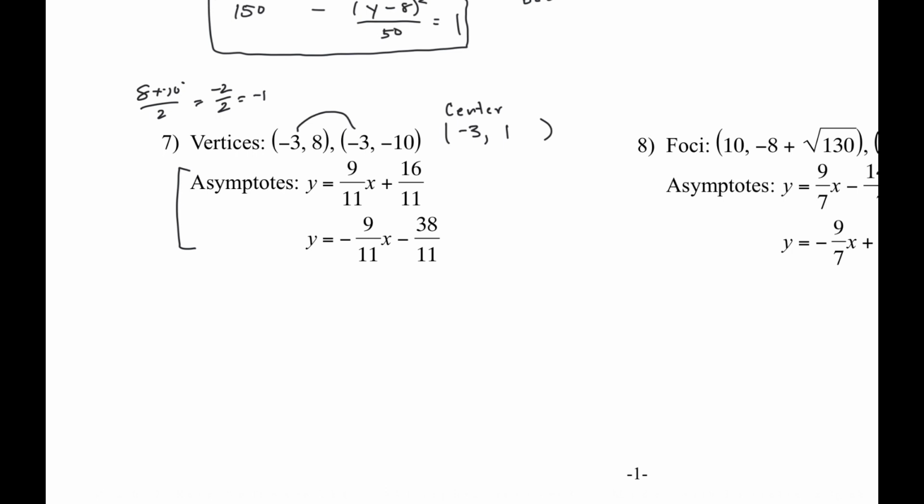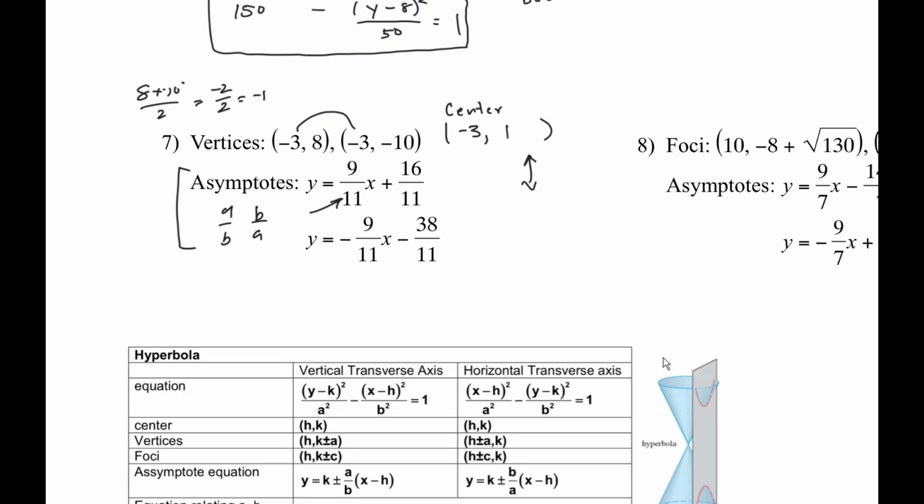So now I already know my slope is either a over b or b over a, depending on which one we're looking at. We have the y coordinate going up and down. If we look at the equation for the hyperbola, or specifically the asymptote equation, although this is totally misspelled, we're working here.